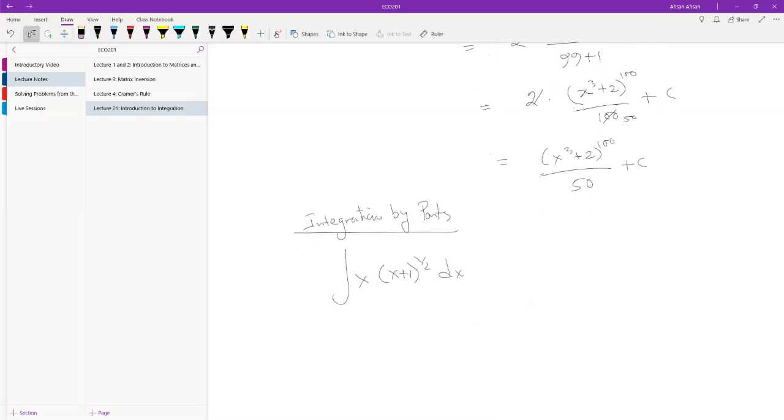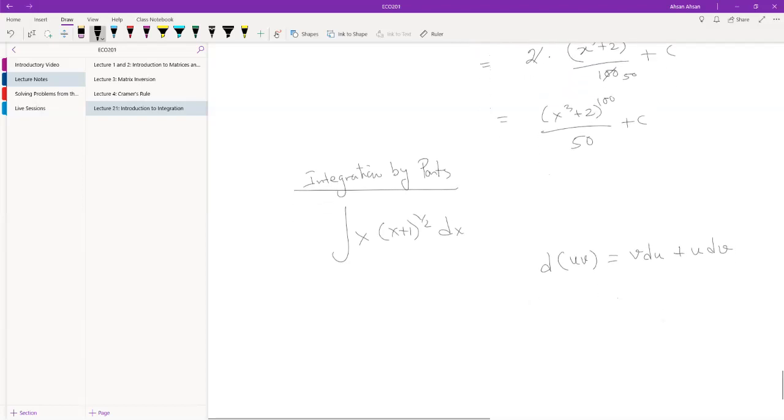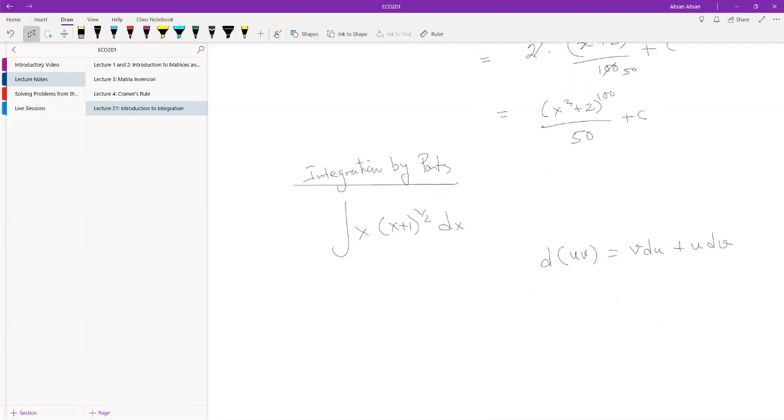So here's what we do. Let me introduce you guys to a formula first. You guys must remember this formula: the differential of uv is equal to v du plus u dv. You've all done chapter 7 and 8, I think this is in chapter 8, so you should remember from there. Now, suppose we want to integrate this, so we integrate both sides. uv equals the integration of v du plus u dv.